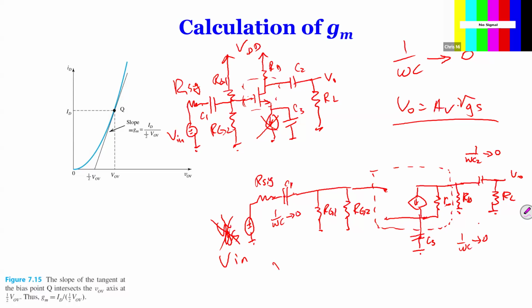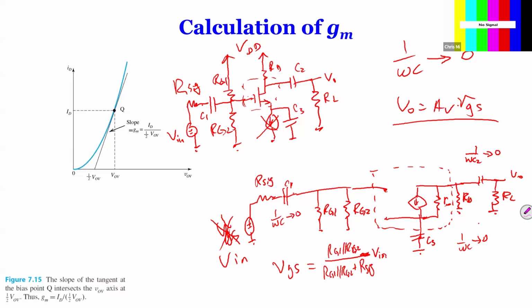So what is VGS then? Again, we assume C1 is 0. So your VGS is really just the voltage divider between RG1 and RG2 in parallel, divided by that plus Rsig, times Vin.